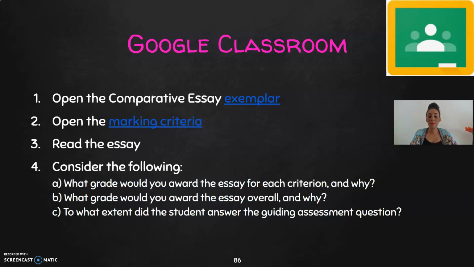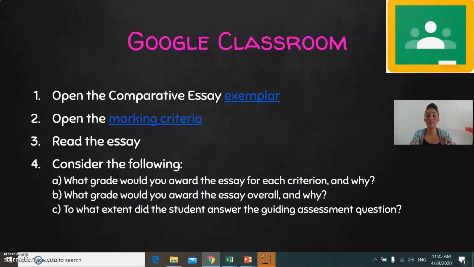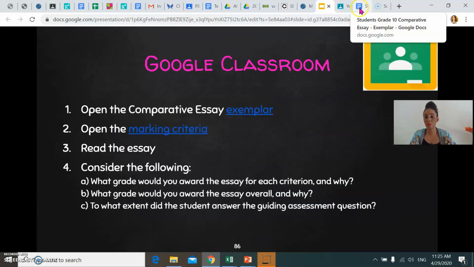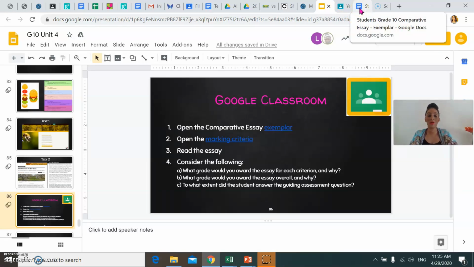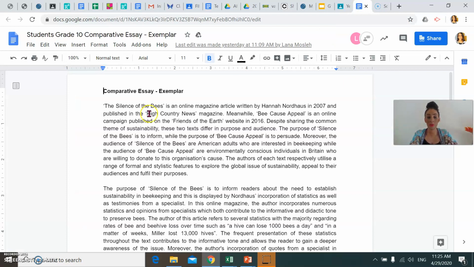B: what grade would you award the essay overall and why? And C: to what extent do you think that the student actually answers the guiding assessment question that's on your task sheet? So we're reading the exemplar essay, having a look at what you would award it for each criterion, what you would award it overall, and how well they have actually answered the guiding question.